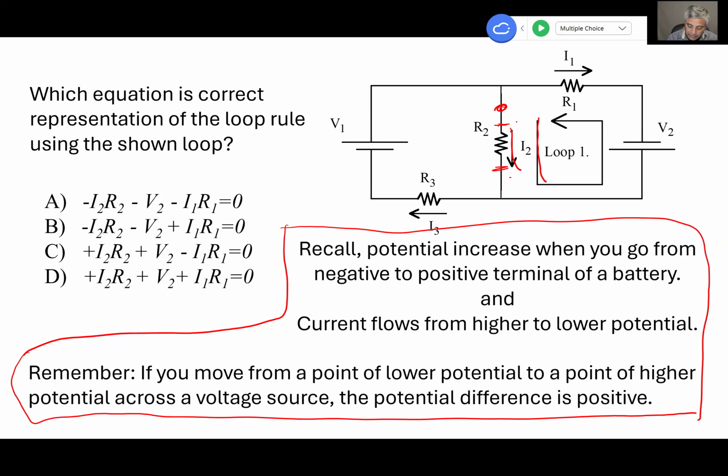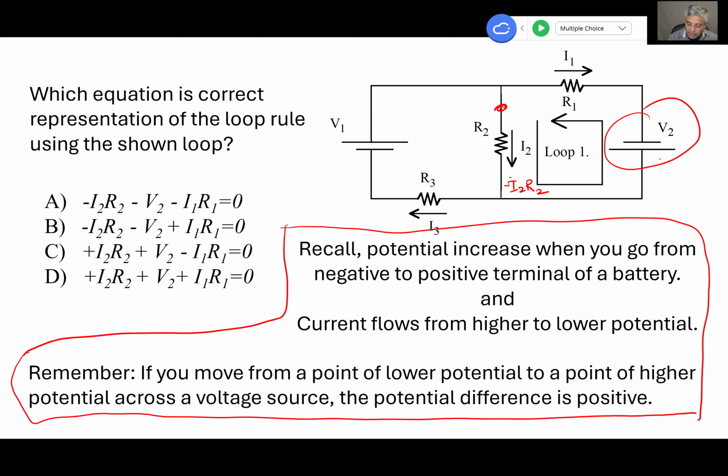So final is less than initial. So that means it must be negative. So in a loop, when we go in the direction of flow of current, that's going to give us a negative potential difference. Okay. So this is going to be negative I2 R2.